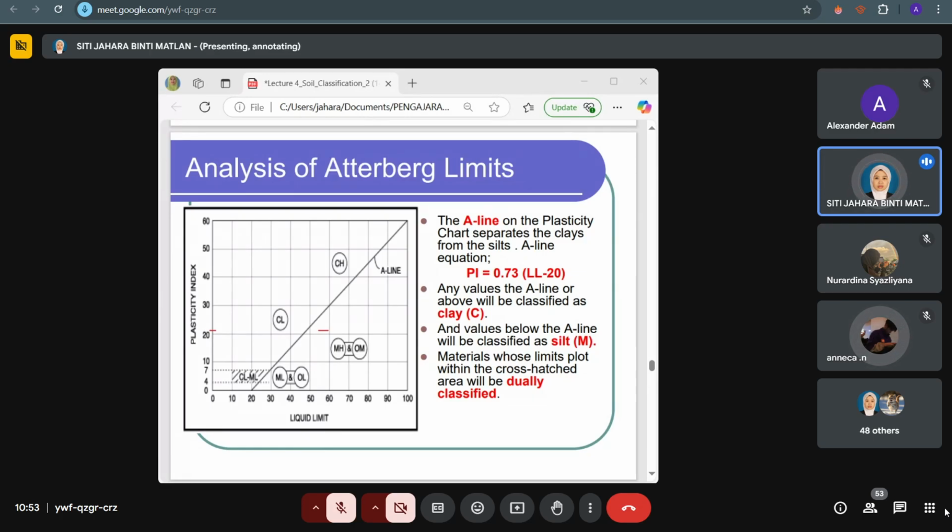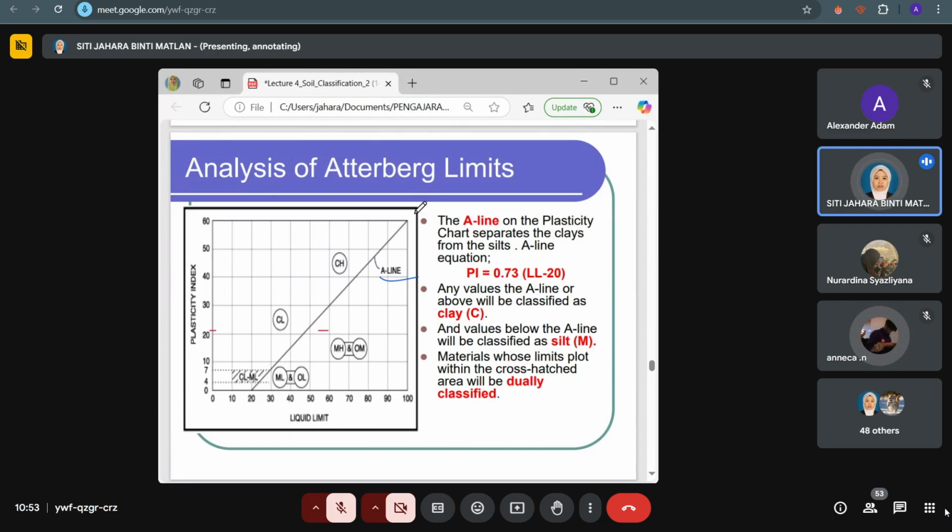So this slide further explains the plasticity chart, emphasizing how Atterberg limits help classify fine grain soil based on the plasticity index and liquid limit. So what I mentioned earlier: C represents clay, M represents silt. Okay, and then the A-line that you see here is a reference boundary that separates clay from silt on the chart.